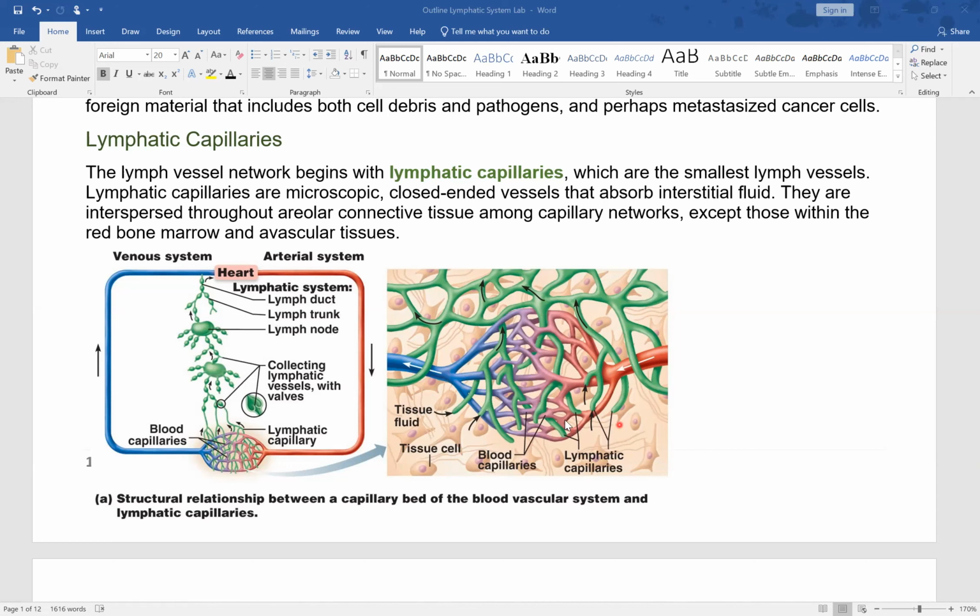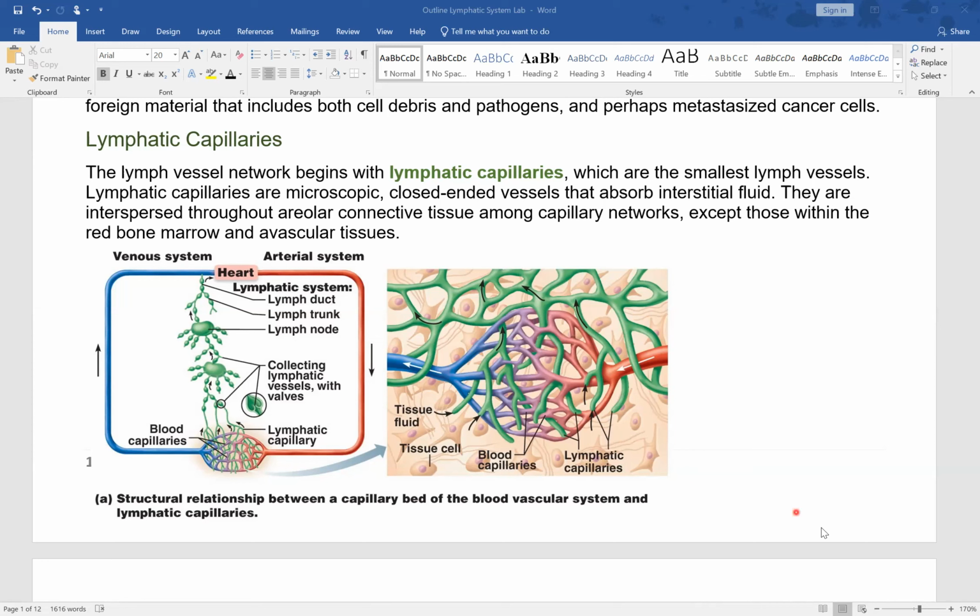So when blood is going through this capillary bed, water and small proteins get pushed into what's called the interstitial space between the cells. Most of that fluid moves back into the capillary end of a vein by osmosis. It's pulled back in because blood has a very high osmotic pressure, the pulling force.